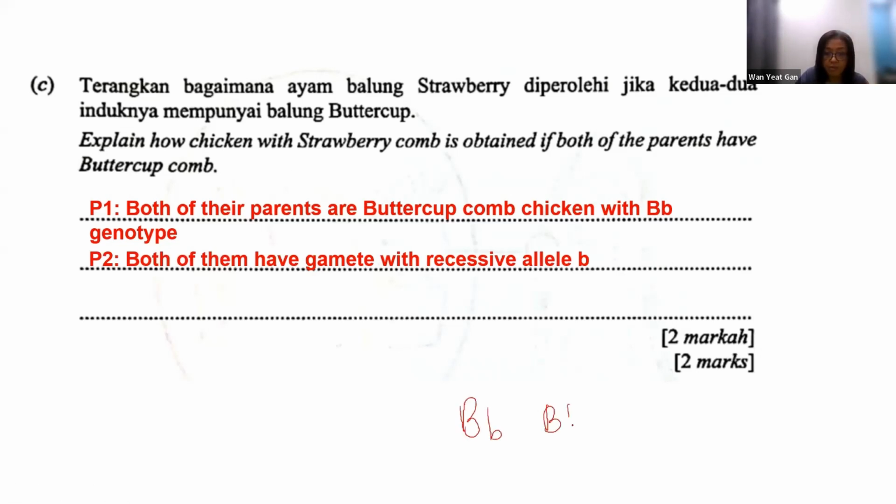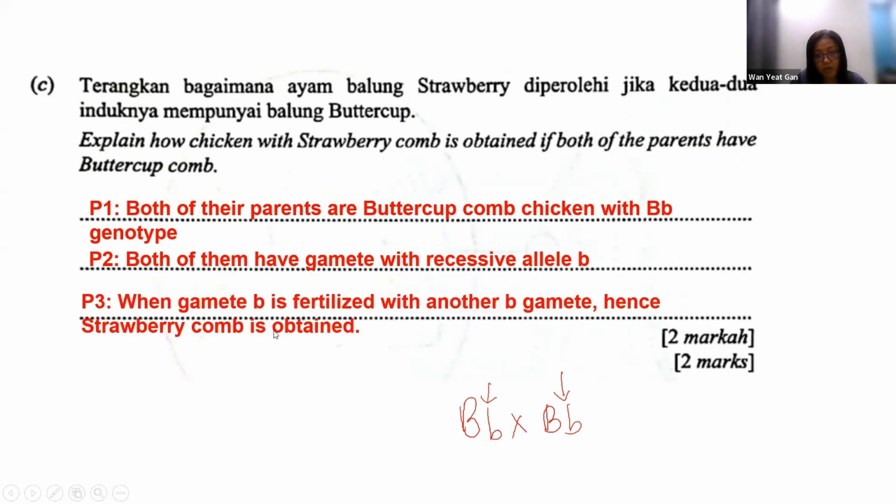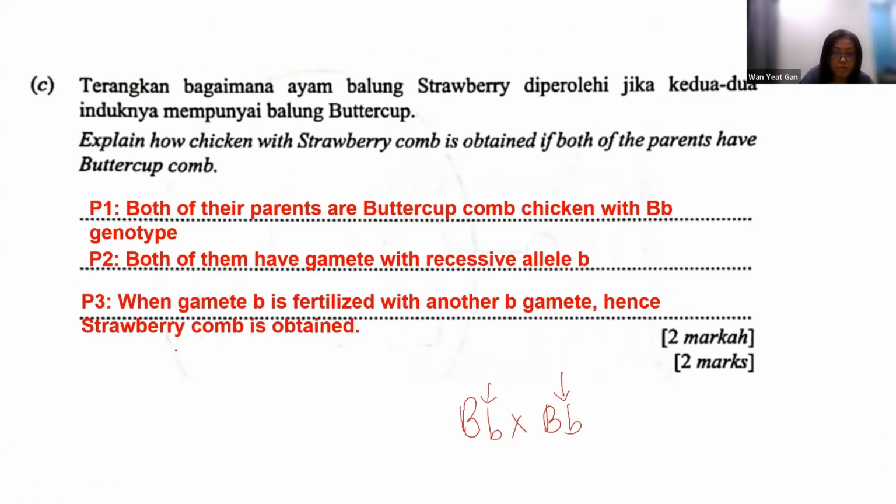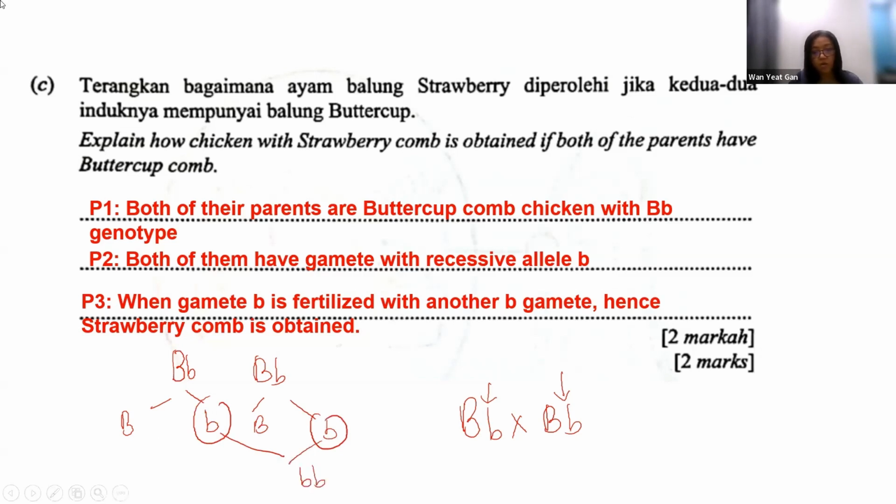Both must be heterozygous, so at least you can get this pairing of two small b. So when the offspring inherit the two small b, then the strawberry comb will be produced. Okay, you obtain the strawberry comb. So you know the gamete is big B, small b, big B, small b. So this is the cross between this and this, so you get your strawberry comb.